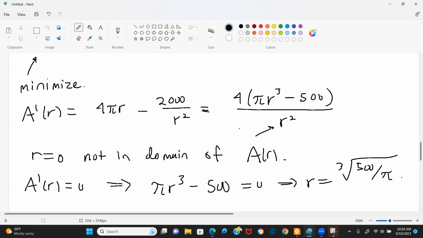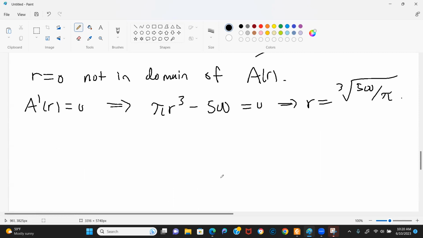The only drawback here is that we have to be a bit careful because we're not talking about a function on a closed interval.